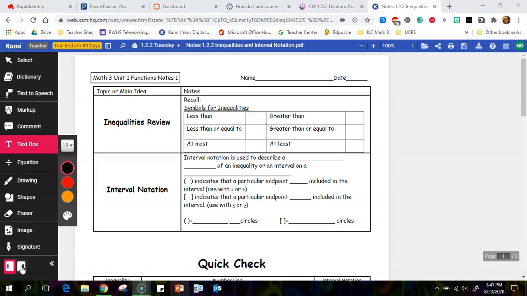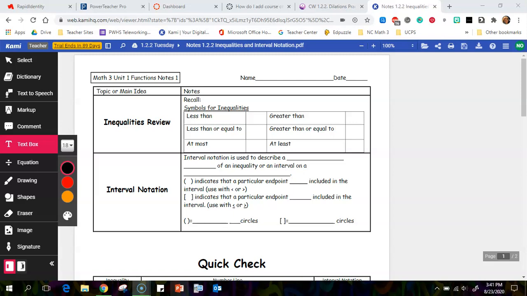So going back to elementary school, you learned some symbols for inequalities. Inequalities are what tell us that some number is greater than another number or less than another number. So if we're talking about everything that's less than 2, we would use an inequality symbol.